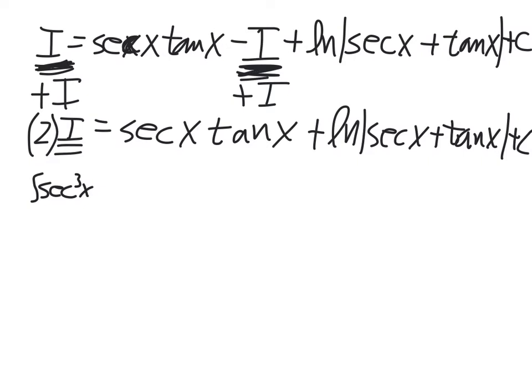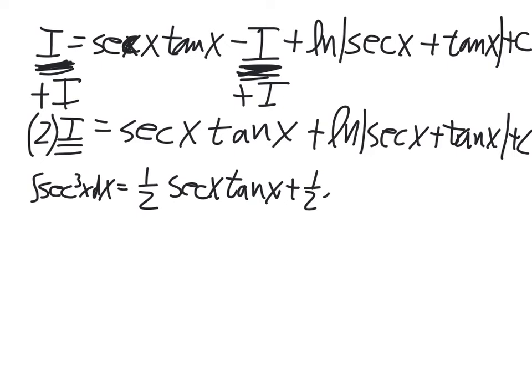And we'll go back to this form. 1/2 times each part. Now, 1/2 times c is still just a constant, so we can leave that as c. Or we could call it 1/2 c if you want, but it's still just some constant.